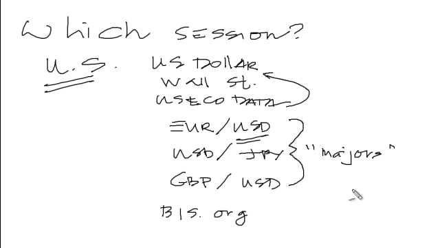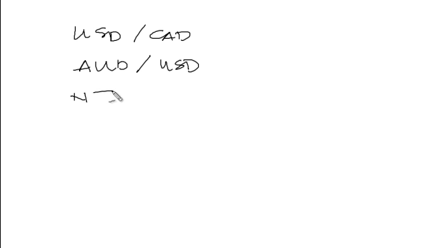Okay, but then we have really the pairs that trade against the dollar, not just those pairs, but we talk about the extension of those US dollar pairs. Now we're talking about US dollar, Canadian dollar. We talk about the Aussie, right? Can't neglect the Kiwi.